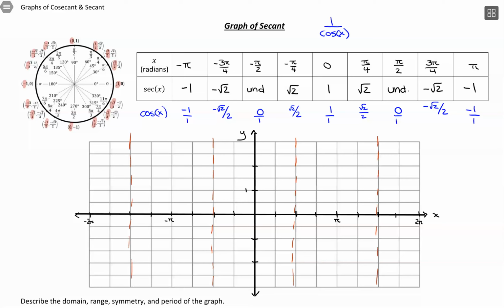All right, so plotting these points. At negative pi, we're at -1. At 3 pi over 4, we're at -1.4. And then I can just go ahead and assume that one's there. We're seeing that piece. Here we're at a positive value, so positive 1.4, positive 1, positive 1.4.